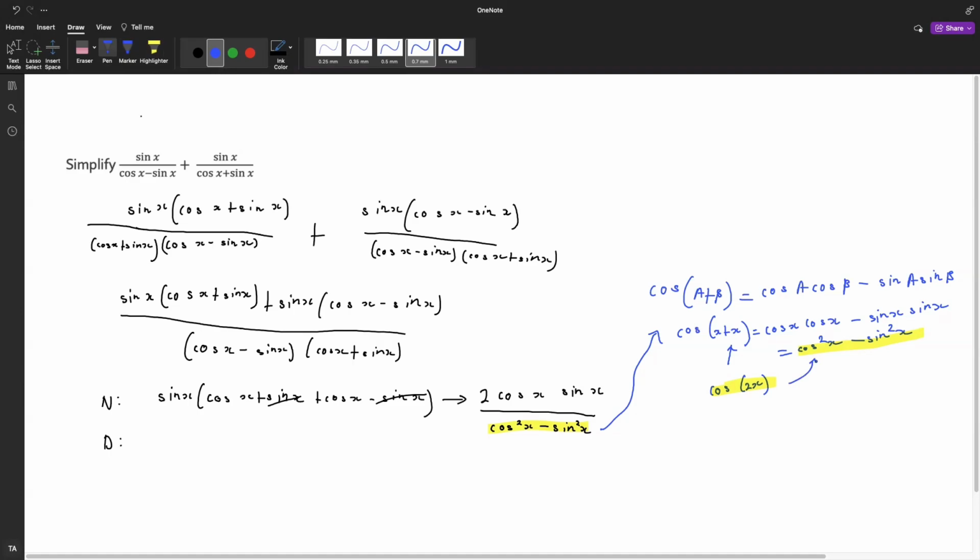Okay, so instead of cos squared x minus sine squared x, what we can write here is, we'll go back to black.